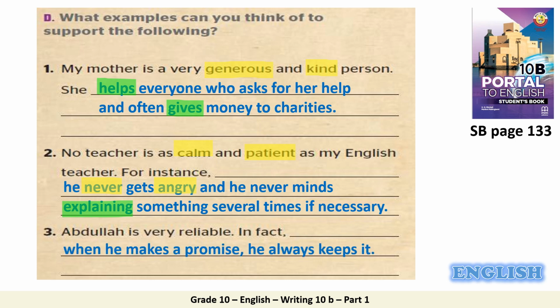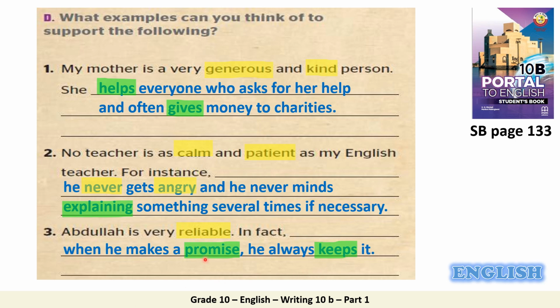Okay, the last one. Abdullah is very reliable. In fact, when he makes a promise, he always keeps it. So someone who is reliable, it means when he makes a promise, he always keeps it. So we used the adjective reliable and we added to keep a promise.